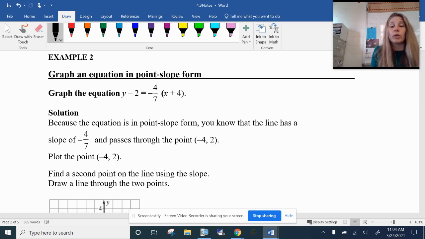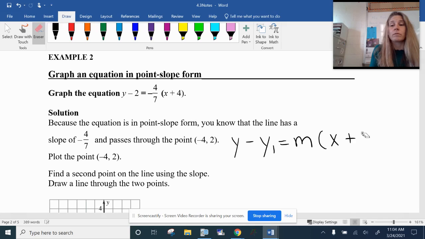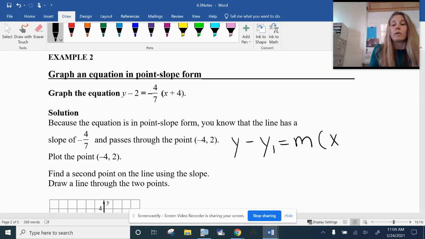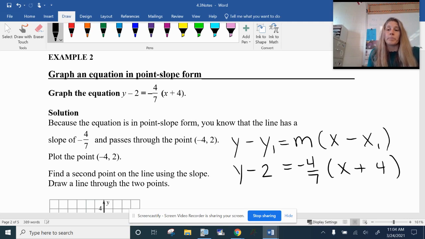So if you look at this equation, I'm going to write just the generic formula first. So there's my point slope equation, and then right underneath it I'm going to write the example that we're being given, just so that everything's kind of organized and we can really see what's going on here.